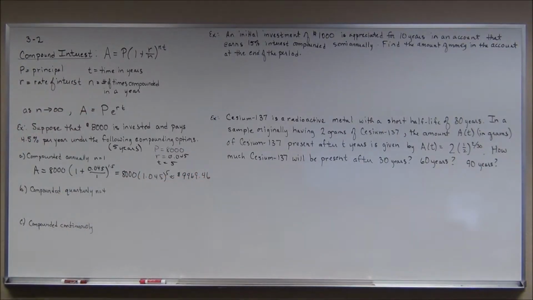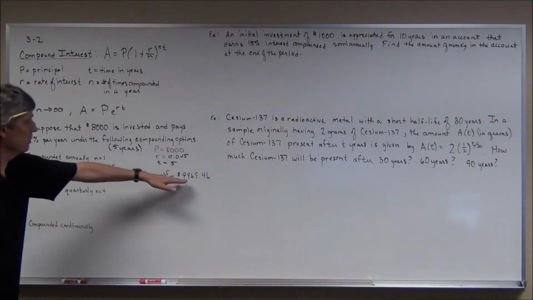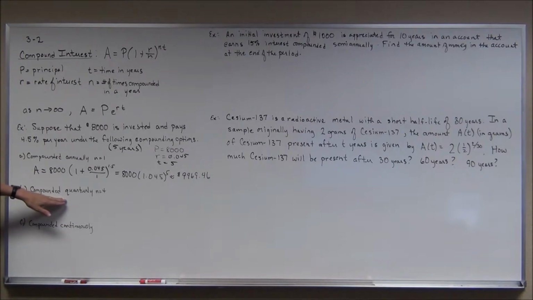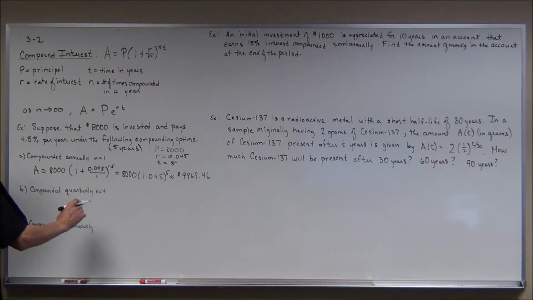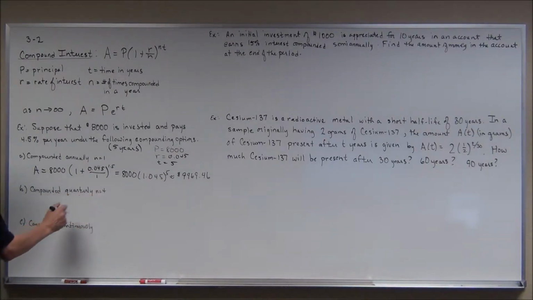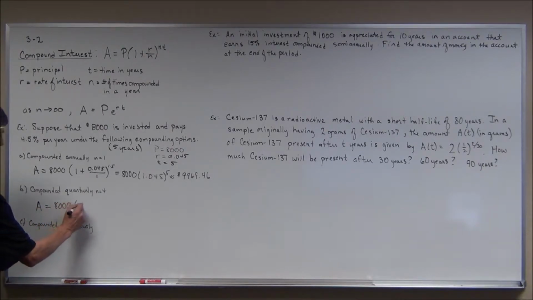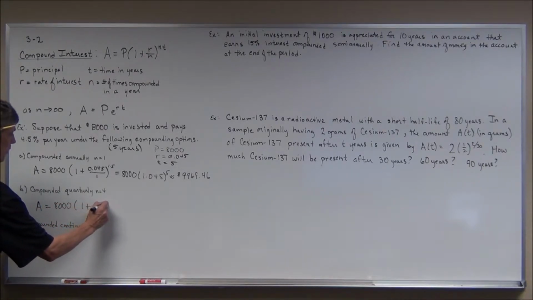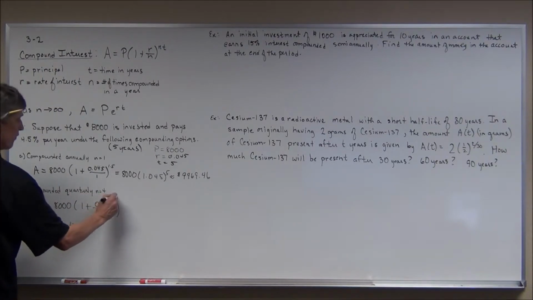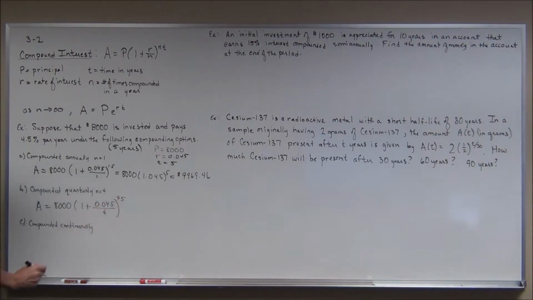Okay. Now, if we compounded quarterly, you would think that it should be more than this amount, because compounded quarterly means you're earning interest on interest more often. So I'm going to plug in everything the same, except this time n is 4, and I'm going to have A equal to 8,000 times 1 plus 0.045, that's my R, divided by 4, this time to the 4 times 5 power.